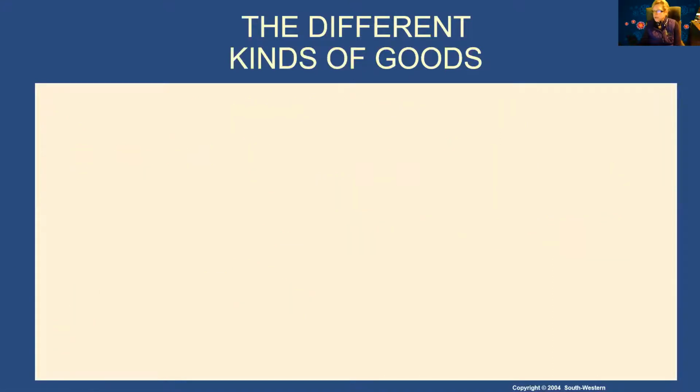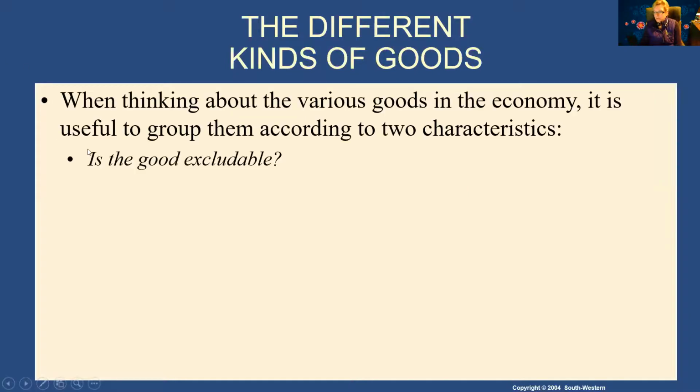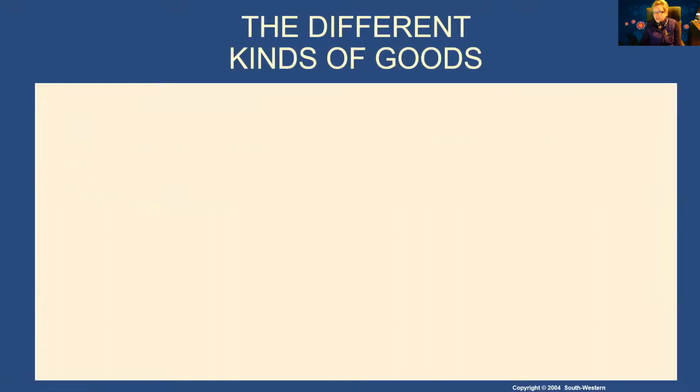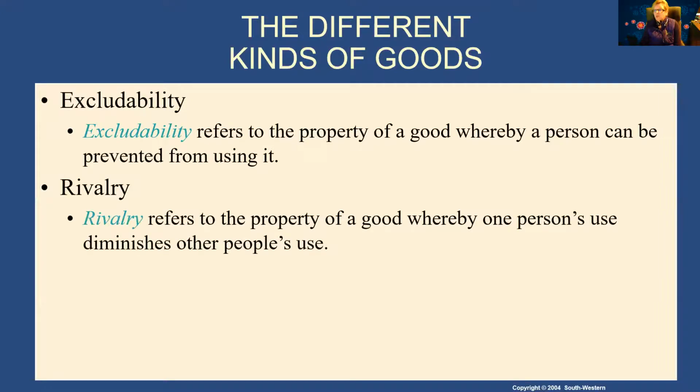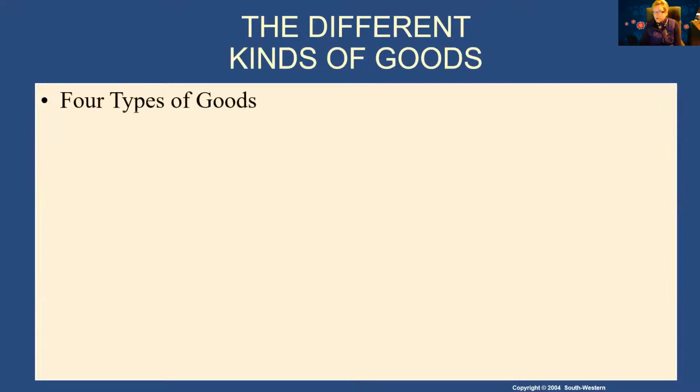Okay. So the 2 questions we ask: is it excludable and is it rival? Those are going to be the 2-prong test to decide what they are going to be. Now, if a good is excludable, then again, we can prevent someone from using it. If it's rival, one person's use means there's less to go around.